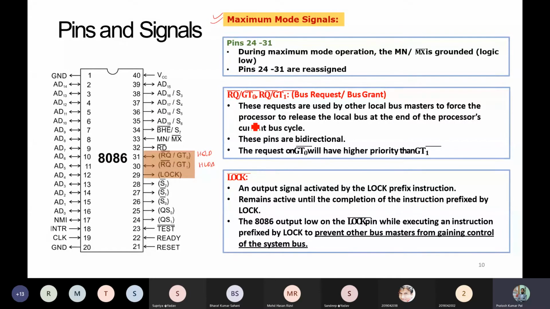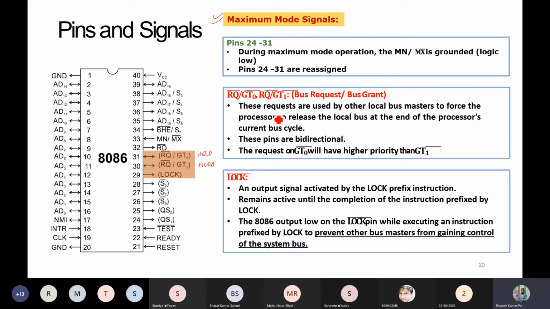That is decided by these two pins, RQ bar/GT0 and RQ bar/GT1. This is basically bus request and bus grant: whether someone is requesting bus control, and if you are granting the bus permission, that will be acknowledged by these two pins.